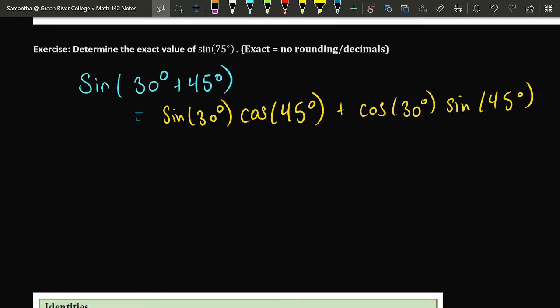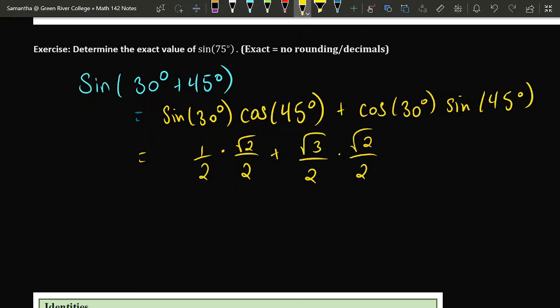Now my unit circle reference image tells me that sine of 30 degrees is equal to exactly 1/2. And it tells me that cosine of 45 degrees is equal to exactly root 2 divided by 2. It says to me that cosine of 30 degrees is equal to exactly root 3 over 2, and sine of 45 is equal to exactly root 2 over 2.